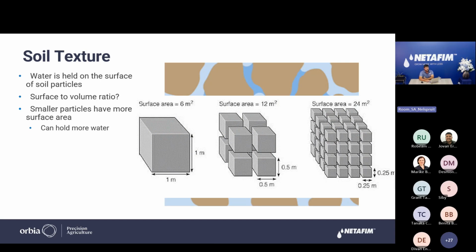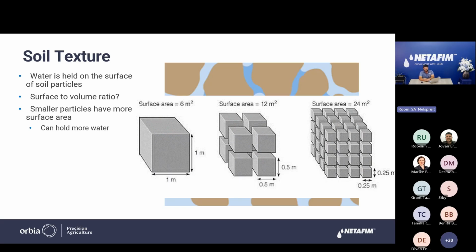So when we look at the size distribution, it's important to note that there is a surface to volume ratio. An example of that would be shown here, where the larger your actual particles. So in your mind's eye, view the left block as sand and silt and clay, and you can imagine that there's a lot of volume inside of that first cube that is wasted, and the water can only sit on the outsides of that cube.